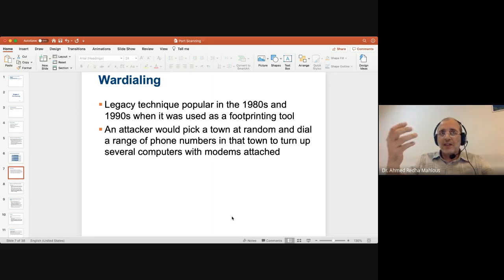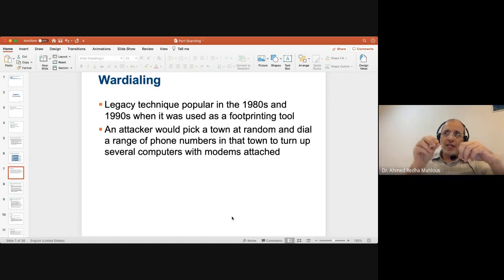So this is the attack on those modems. The attacker at that time knows, for instance, that this area is using phone numbers that start with, let's say, 246, and that the number is 8 digits. So they will start dialing a list of randomly generated numbers, and if by chance there is a modem listening, it will respond and open a connection.